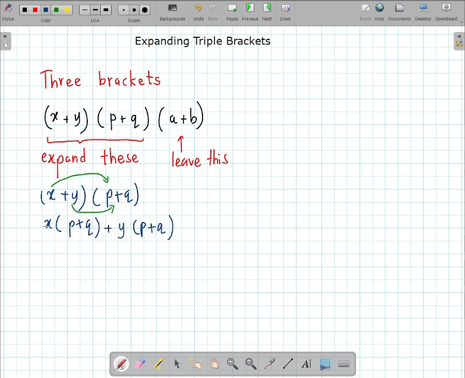So x times p, xp, x times q, xq, y times p, yp, y times q, yq. Now you have the answer for the first two brackets. So you can multiply this with the third bracket.